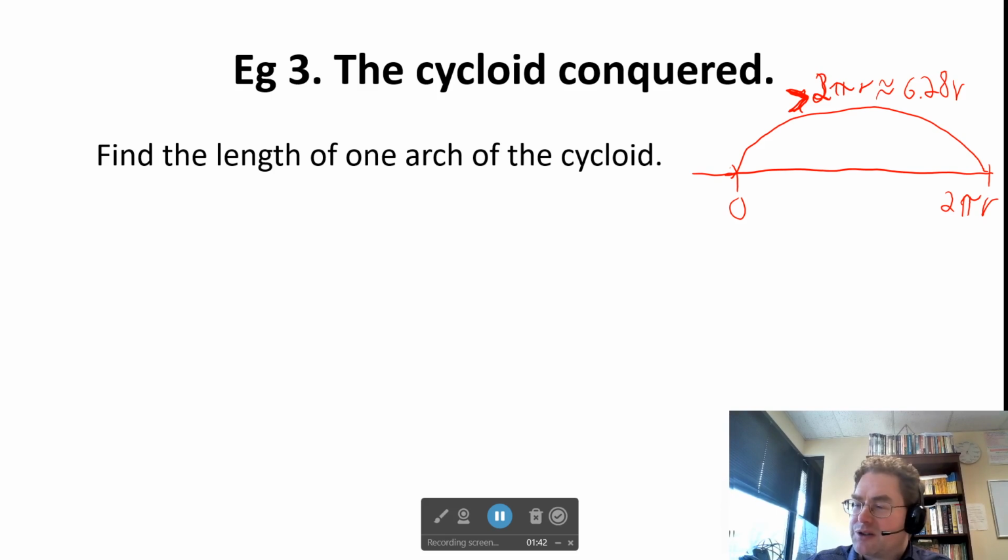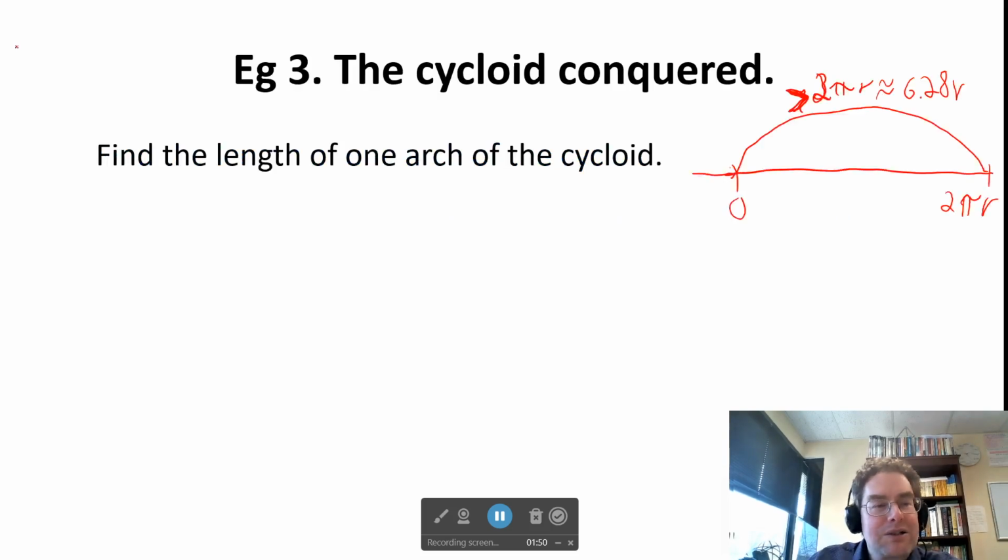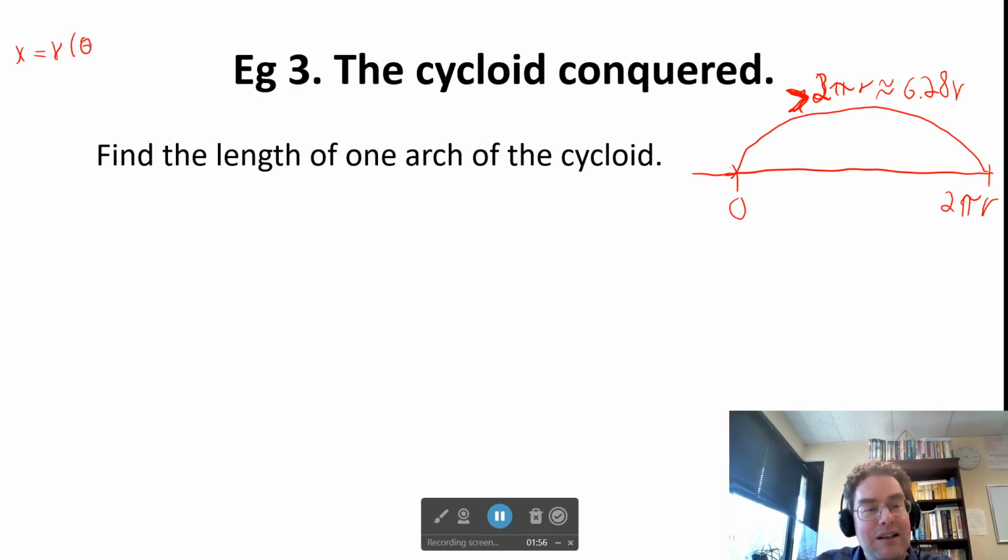Well, we know that we're going to need to have our derivatives of our parametric equations here. Now, if you remember, we had x equals r times theta minus sine theta.